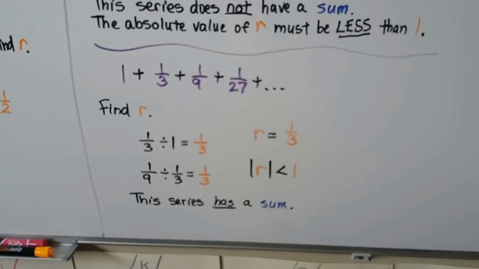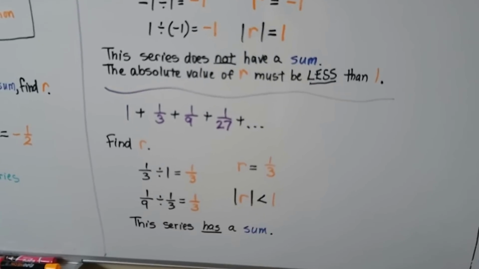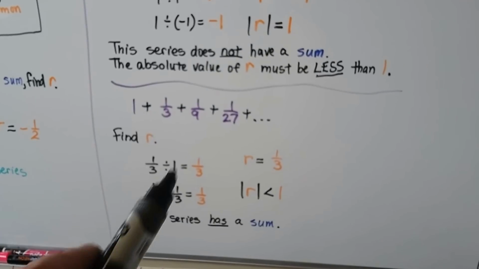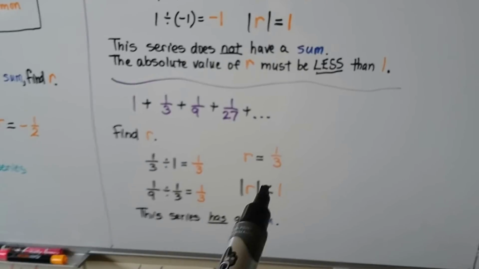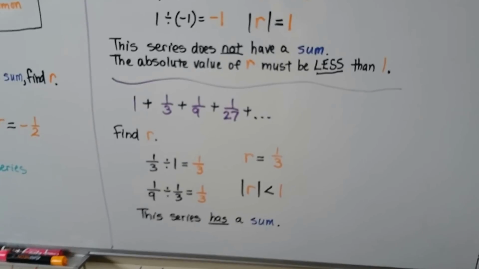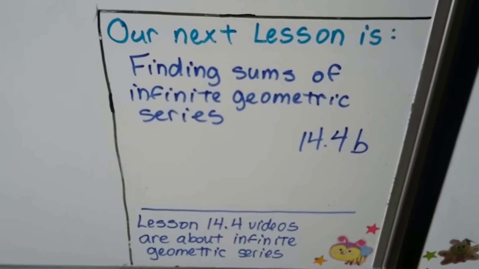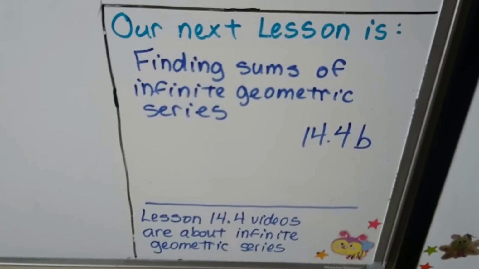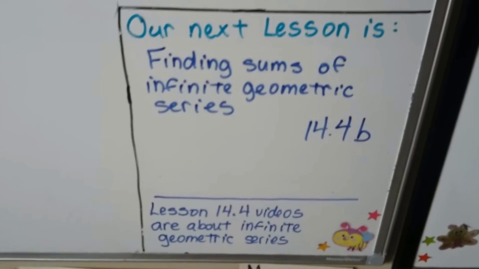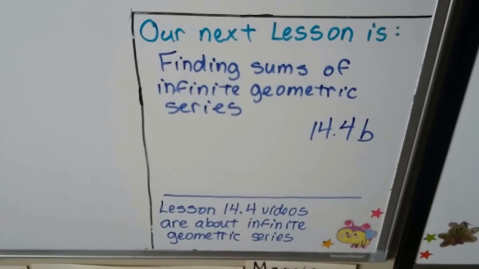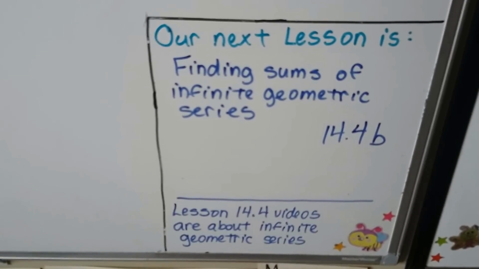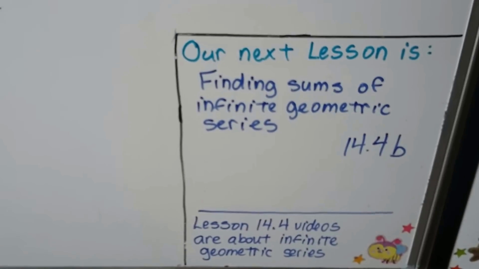If you know how to find r, it's pretty easy to do the quick division to find r and see if it's less than 1, and you'll know it has a sum. Okay? Our next lesson is finding sums of infinite geometric series. It's going to be 14.4b. This entire 14.4 set of videos that I'm making, there's a few of them, are all about infinite geometric series, okay?